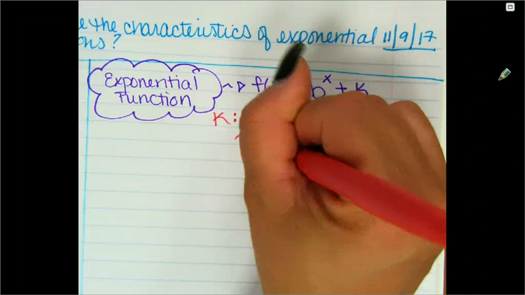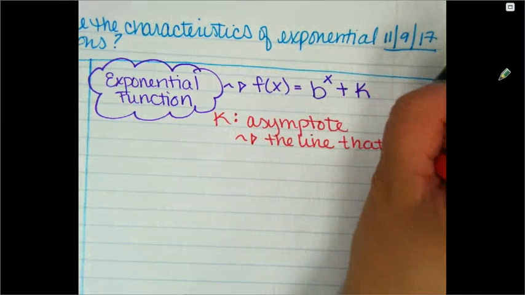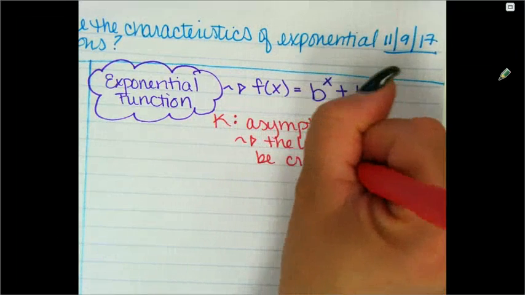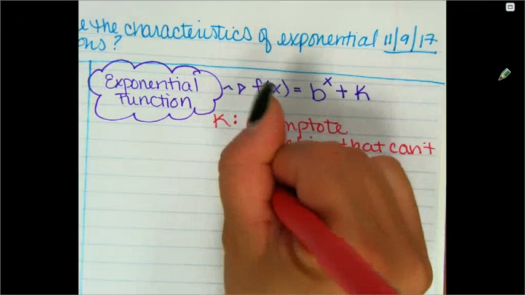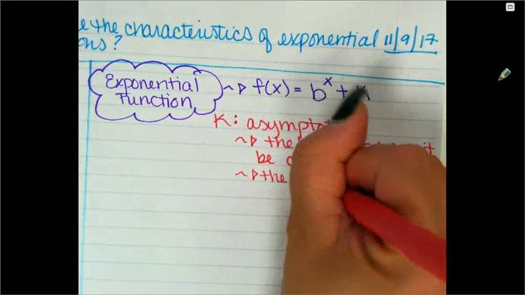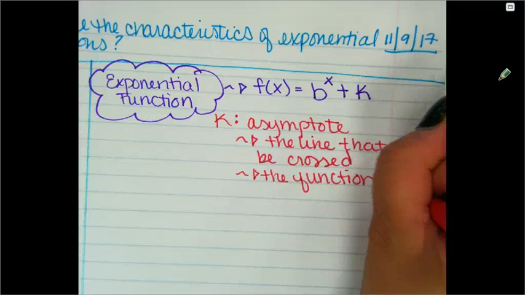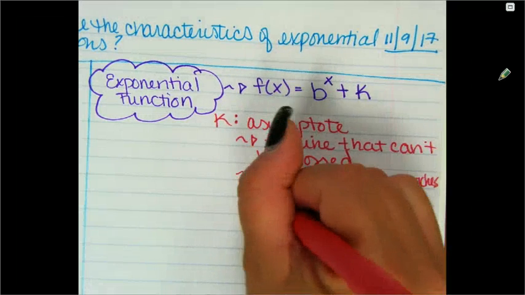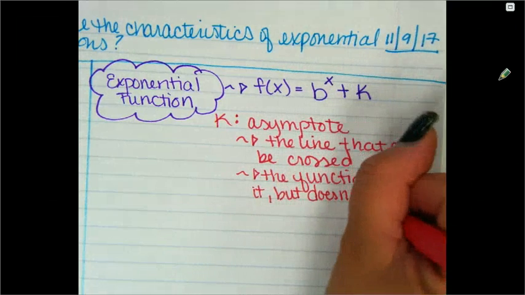An asymptote is the line that can't be crossed. The function approaches it but doesn't touch it.